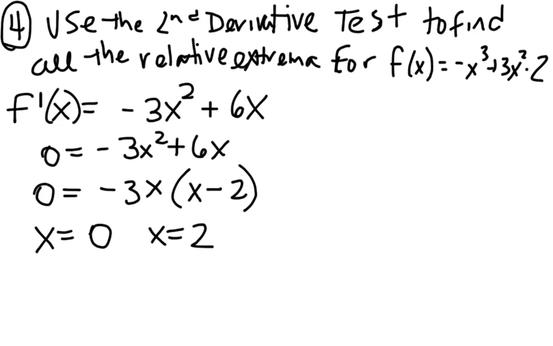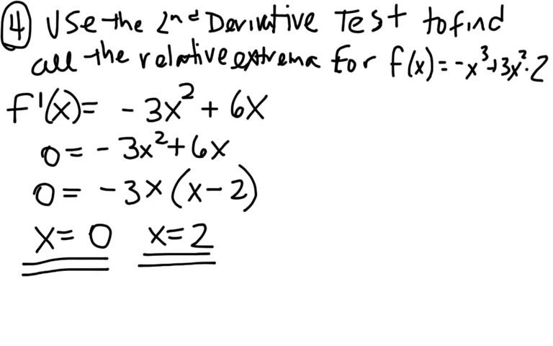So those are the places where the first derivative is equal to 0, potential relative maximums or minimums. So I have a potential maximum or minimum when x is 0 and a potential maximum or minimum when x equals 2.